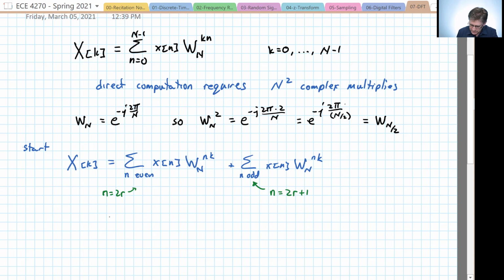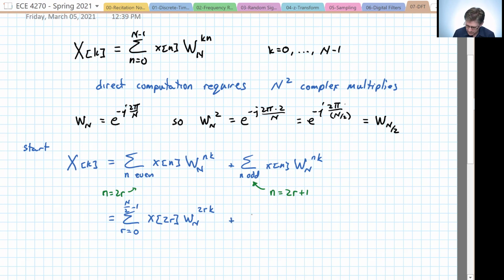And using this new notation, we can write the sum from r equals 0 to N over 2 minus 1, x of 2r, W_N^(2rk).